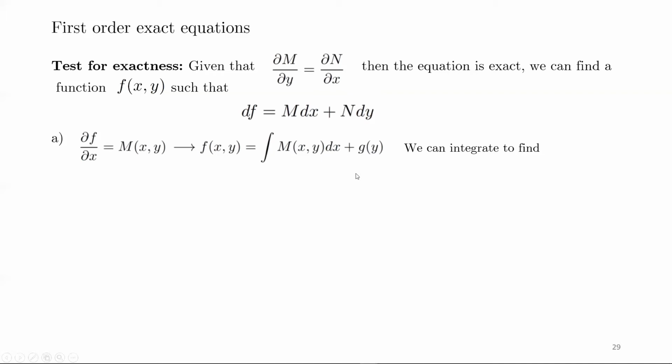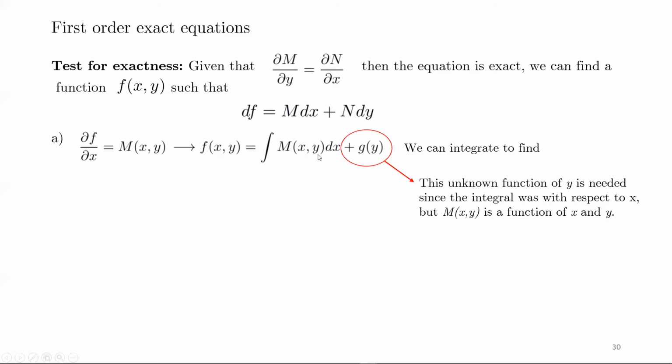The reason is that m here was a function of x and y, but our integral was only evaluated with respect to x. So this unknown function of y is needed because the integral was only performed with respect to x, but m is a function of both x and y. So we get this sort of hangover function here, g of y.